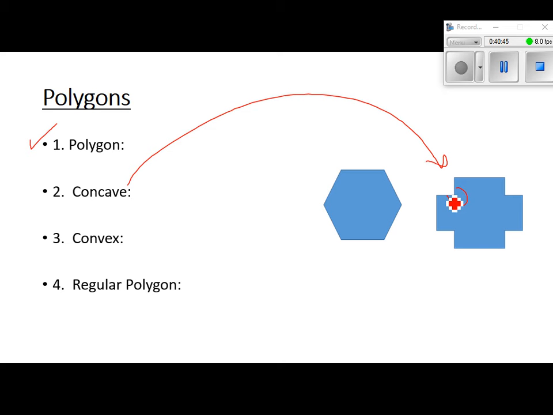Now, the actual definition of a concave polygon is a polygon with one or more angles more than 180 degrees.